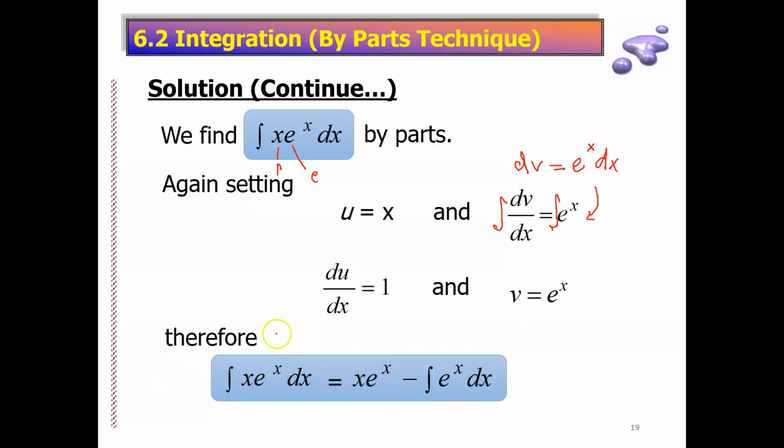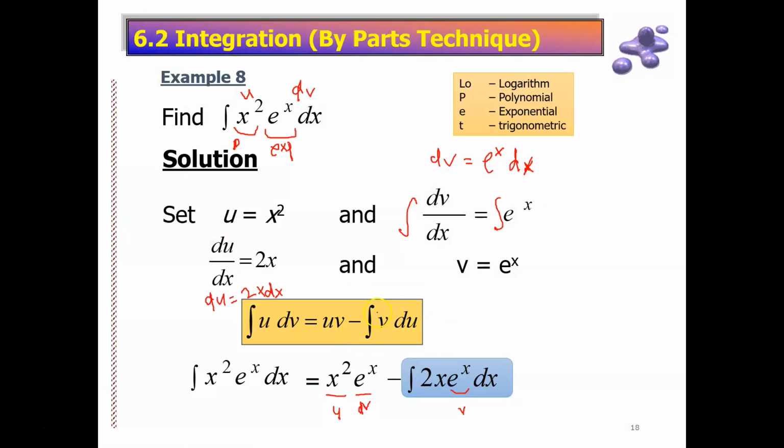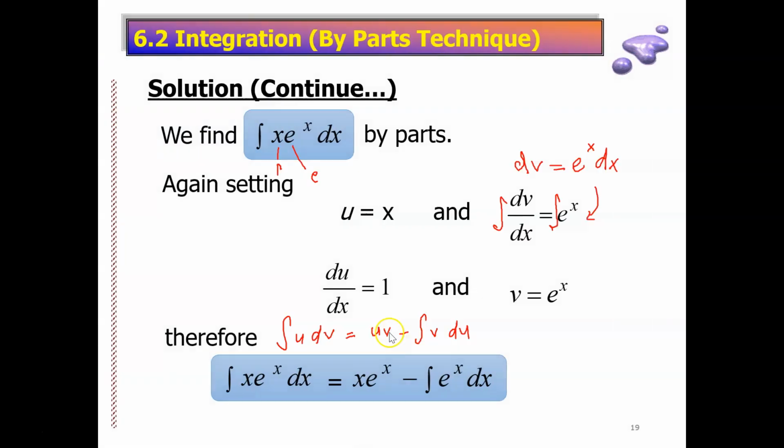Therefore, we follow the previous formula, which is integration of u dv equal to uv minus integration of v du, right? The one in the yellow box. Yang ni. Kita tulis balik yang ni lah.